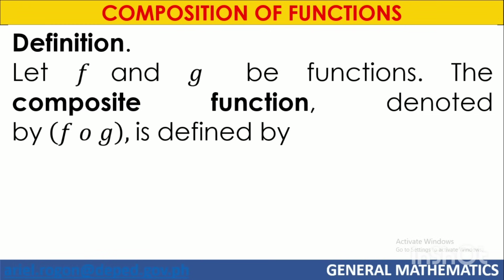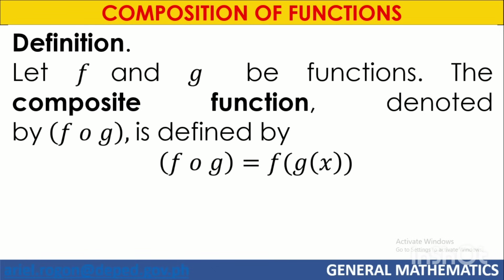Let f and g be functions. The composite function denoted by f with g is defined by (f ∘ g)(x) = f(g(x)).